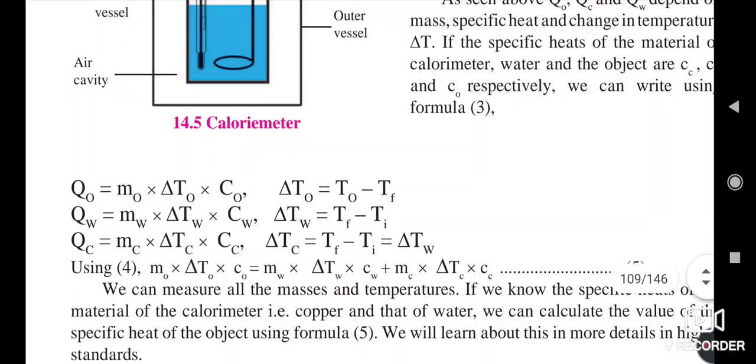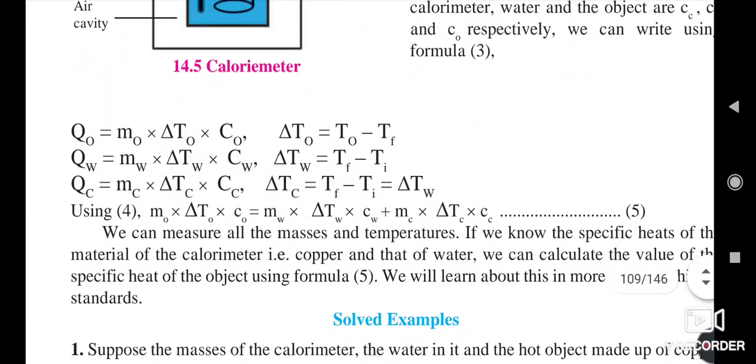The second is the amount of heat of the water: the mass of water into the change in the temperature of the water into the specific heat of the water.